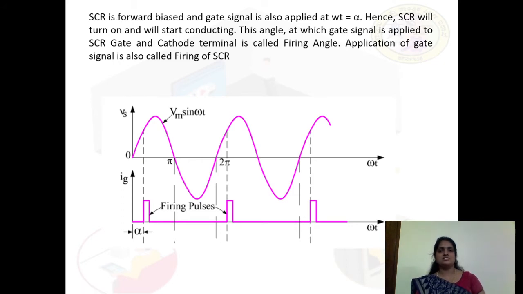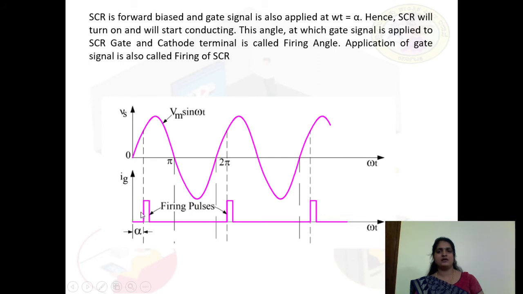Here the SCR is forward biased and the gate signal is applied at omega t equal to alpha. We are applying the gate signal at the alpha value, as denoted in the second graph. So the SCR will turn on and start conducting.